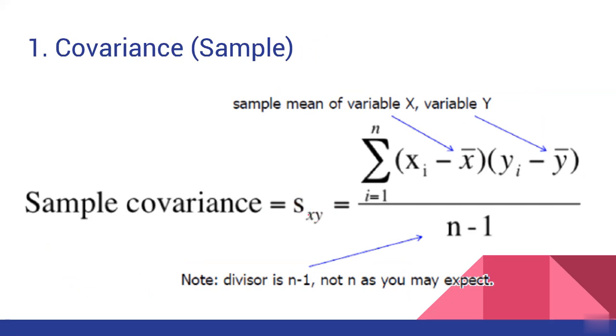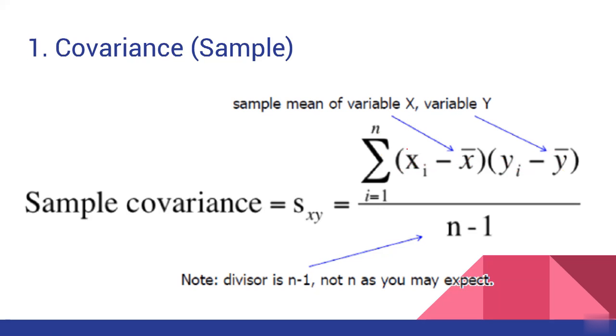Sample covariance SXY equals 1 over n minus 1. Remember, pay attention here. The divisor is n minus 1, not n. And times the sum of two differences. First one is xi minus x bar. Second part is yi minus y bar.